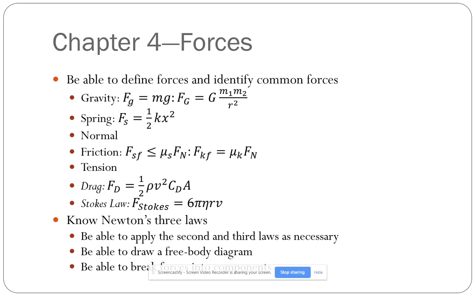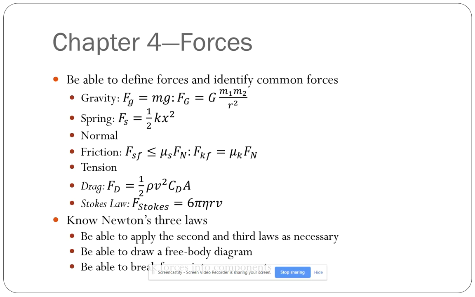Now, if you have a block sitting on a plane, and there's nothing else acting on the block besides gravity, friction, and normal, then the answers that you guys gave will turn out to be, well, if it's flat, then it'd be mg, and if it's on a slope, it'd be the component of mg that's normal to the slope.